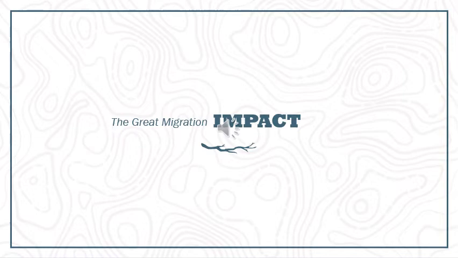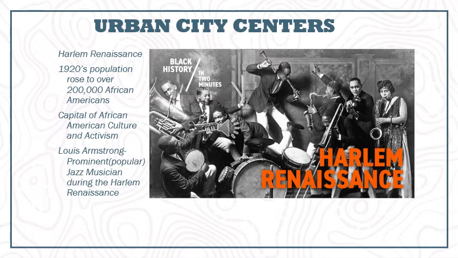The impact of the Great Migration. As a result of housing pressures, many Black inhabitants ended up establishing their own cities within large cities, supporting the development of a new urban African American culture.